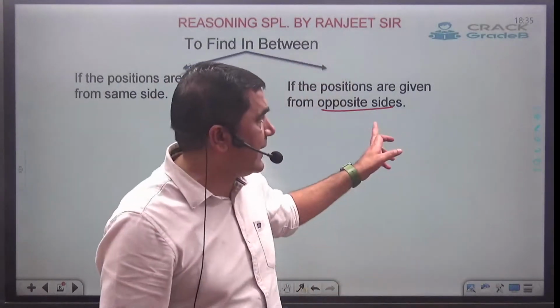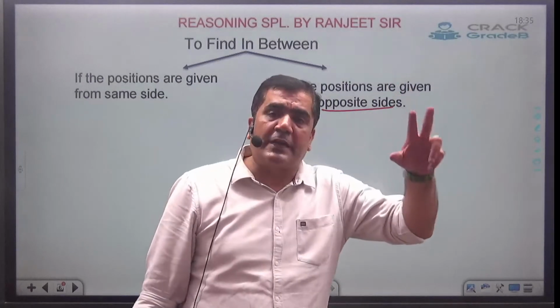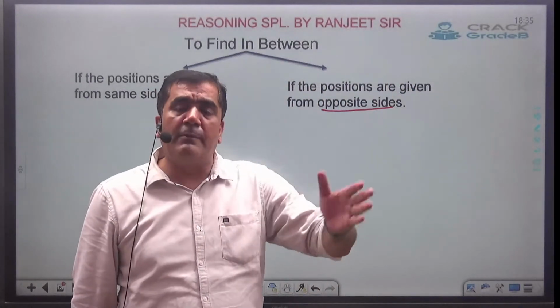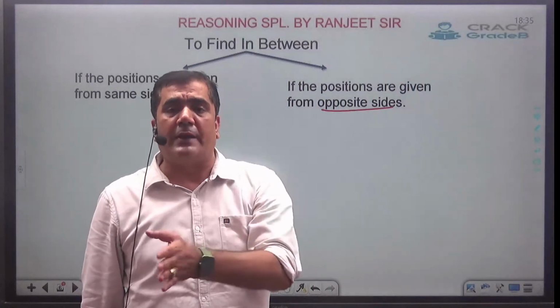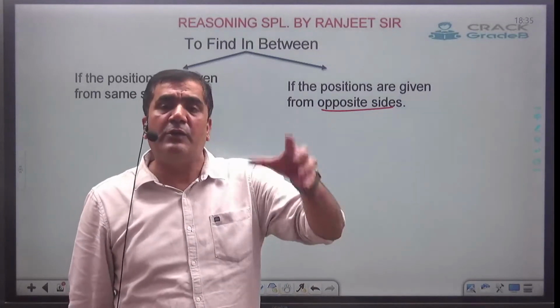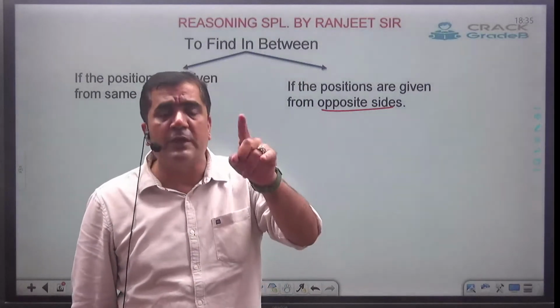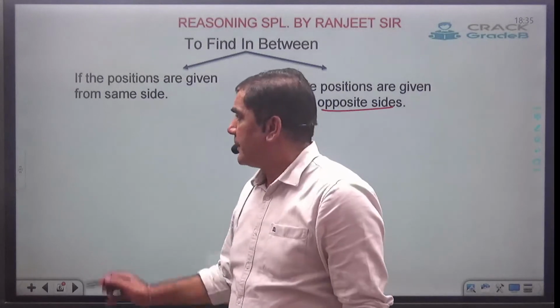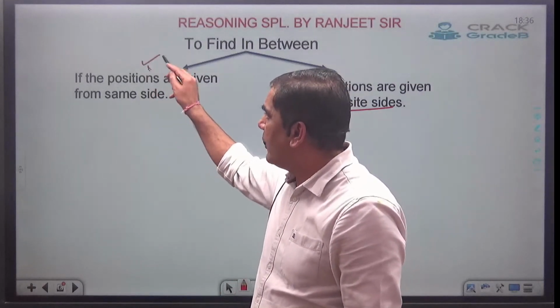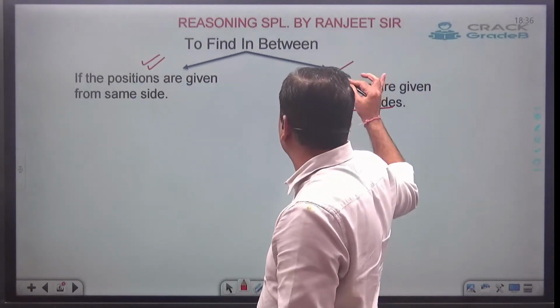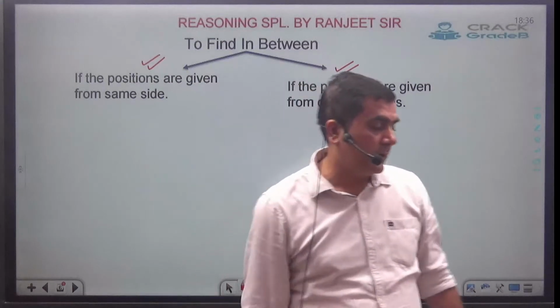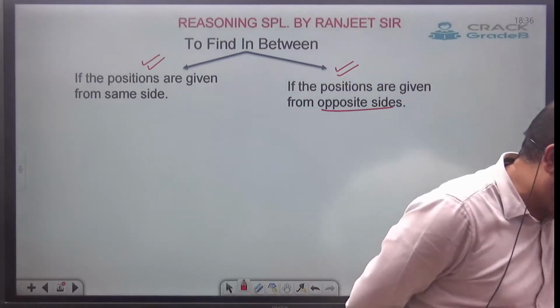But in the second case, one will be from top, second from bottom; one from left and second from right. So whenever a question asks you to find in between, the first thing to check is whether the positions are given from the same side or from opposite sides. Clear? Anyone, any problem?